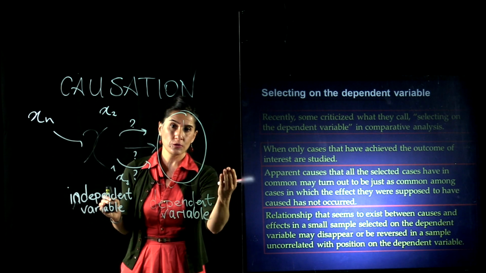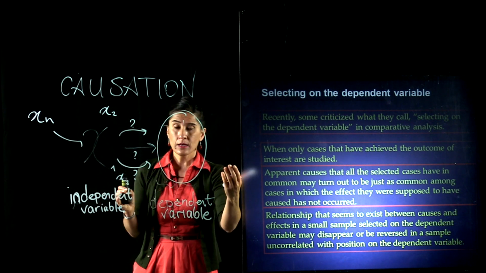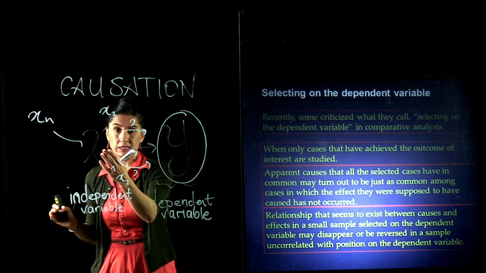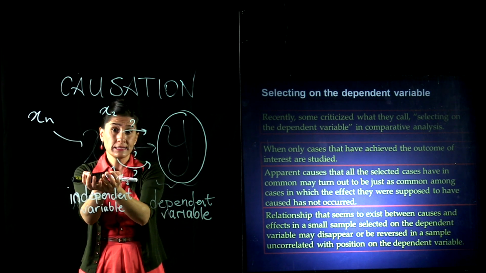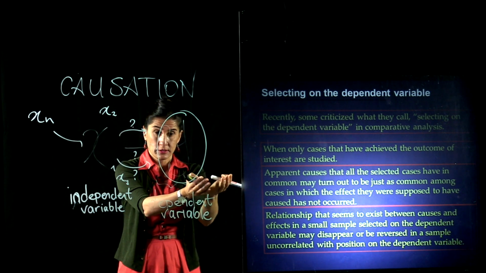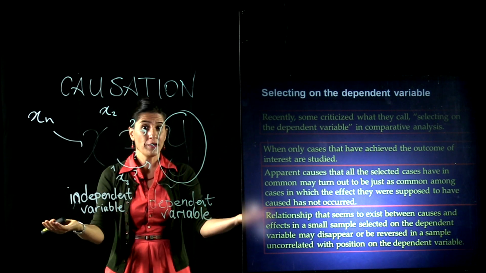If we focus on a case where Y did not take place, we should be able to see if X is there. Perhaps X is there but Y is not. If that is the case, then the claim that X causes Y fails.